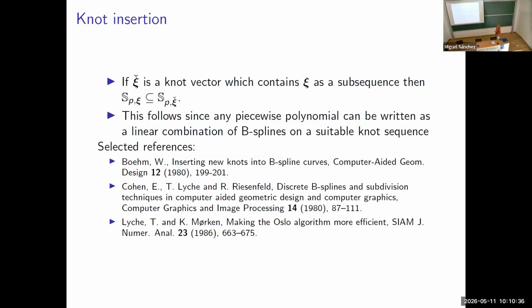Knot insertion, apart from the Bulgarians and the Romanians, was first given as a formula for inserting one knot by Wolfgang Böhm in 1980. With my co-authors Cohen and Riesenfeld in Utah, we gave an algorithm for adding an arbitrary number of knots.